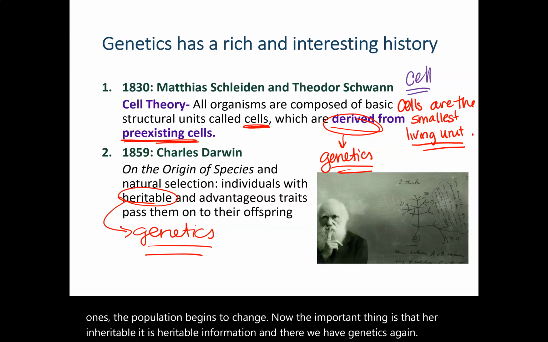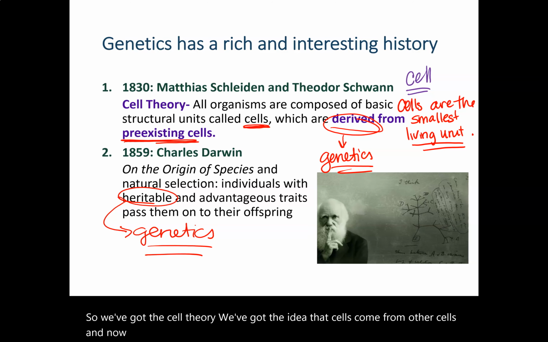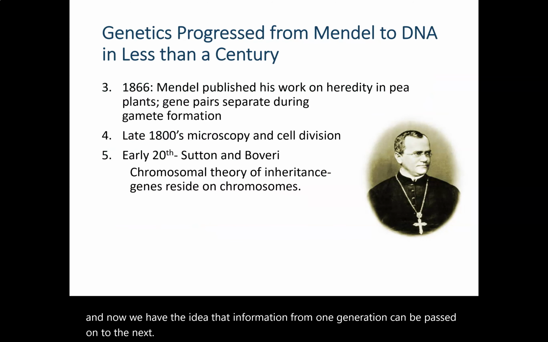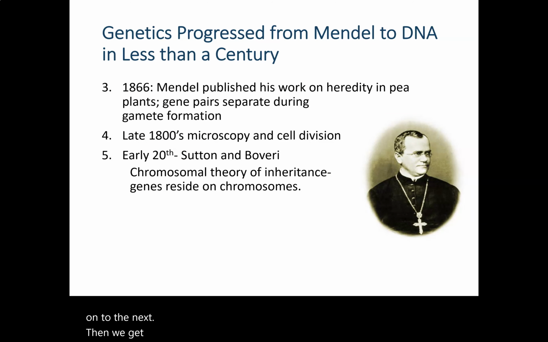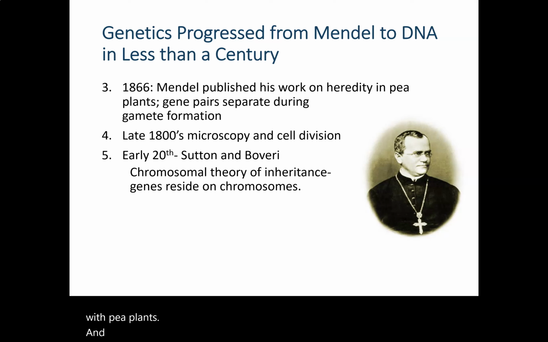So we've got the cell theory, we've got the idea that cells come from other cells, and now we have the idea that information from one generation can be passed on to the next. Then we get to Gregor Mendel. So in the 1860s, Gregor Mendel was working with pea plants, and he established a pattern of inheritance within those pea plants.